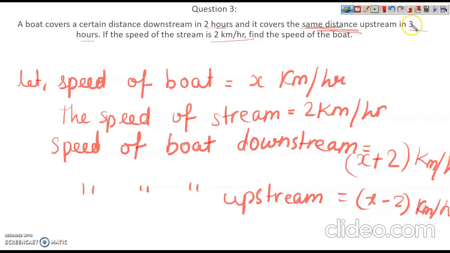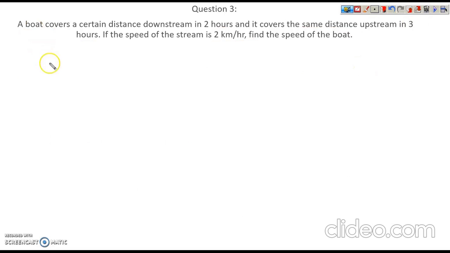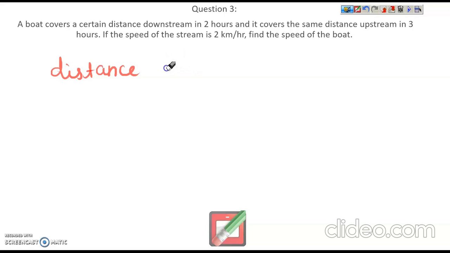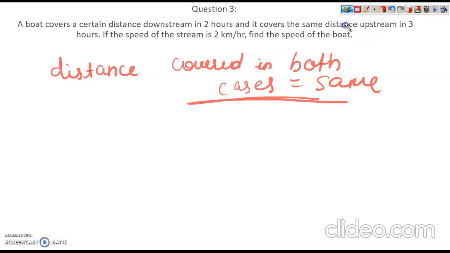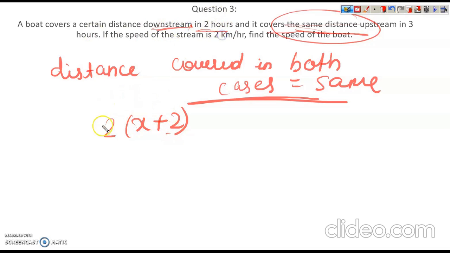Now we can write as distance covered in both cases is same. We can say that distance covered in both cases is same because we looked here. It covers the same distance. Now it will be 2 times (x plus 2) because downstream was x plus 2 in 2 hours.